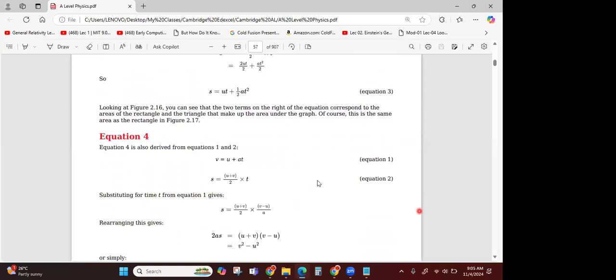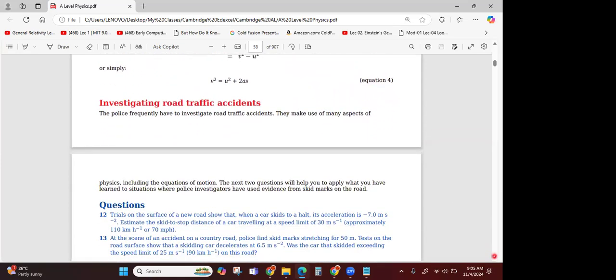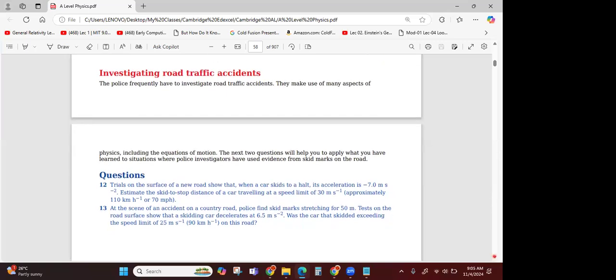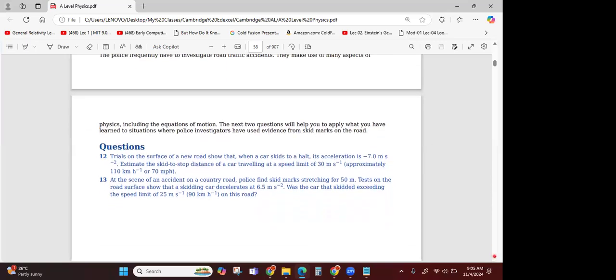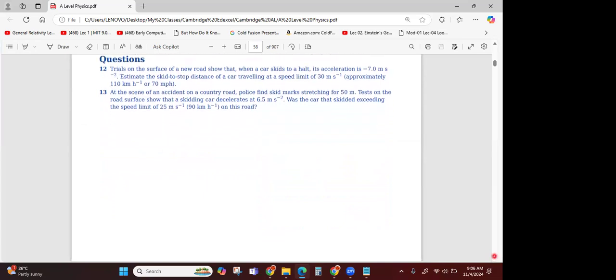And here for the t, we can use v minus u over a, so that we get the fourth equation as v squared is equal to u squared plus 2as. Okay. Yeah, so you can do questions number 12 and 13.